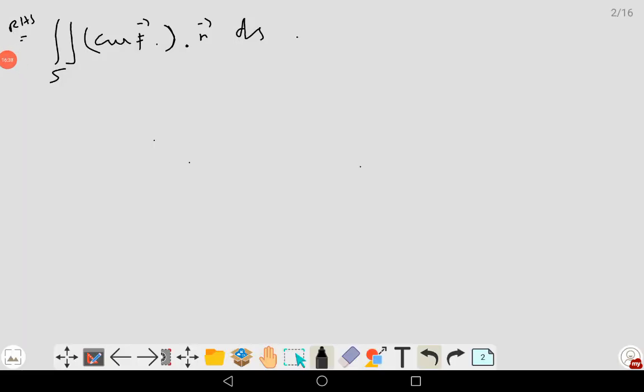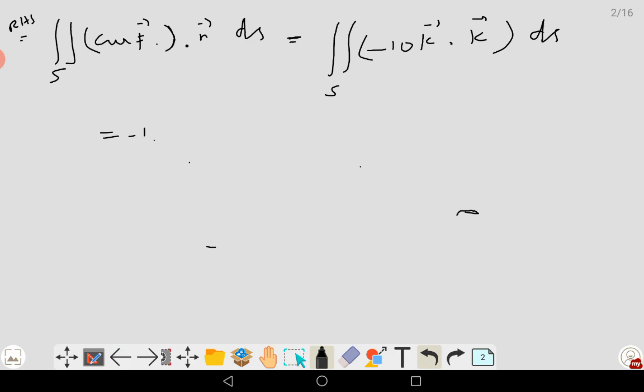So we are finding the right hand side. This is the surface we are dealing with. Curl F is negative 10 k vector, dot n vector, which is k vector, and dS. Negative 10 dot k will be 1. Negative 10 is a constant, keep it outside.